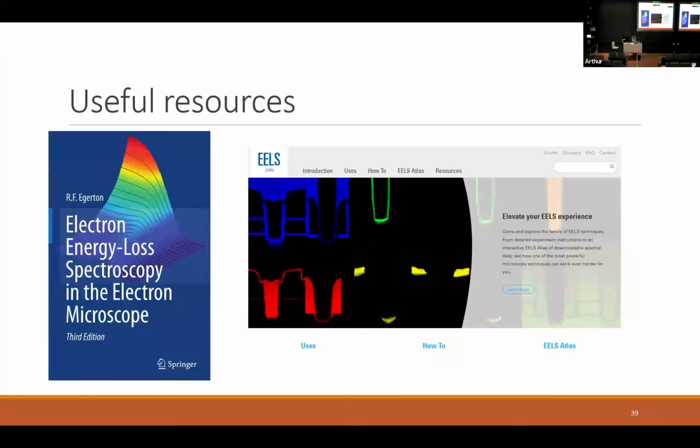They have this thing called an EELS atlas. If you click on the tab up here, it brings you up to the periodic table and it gives you example spectra of different compositions. So if, for example, you're looking to do core loss spectroscopy and you want to see the oxidation state of Ti2+ versus Ti3+, it actually gives you spectra that you can download and then you can directly compare it to your measured spectra.